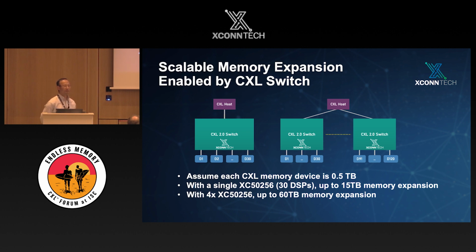If you use up all these 32 ports, you expand 32 DIMM channels, which immediately adds a lot of memory. So a very simple case is that our switch enables this memory expansion tremendously, to a very large scale. I won't explain the expansion further, since it's very simple to understand.